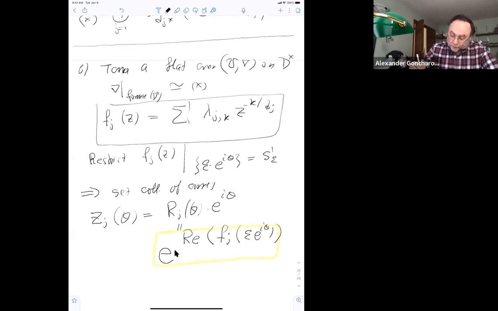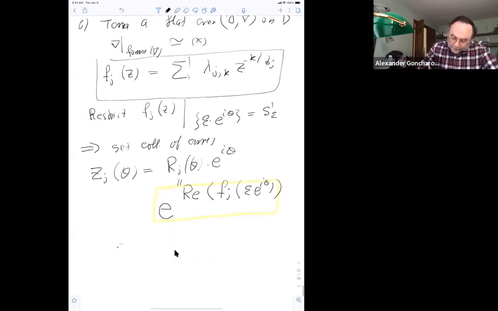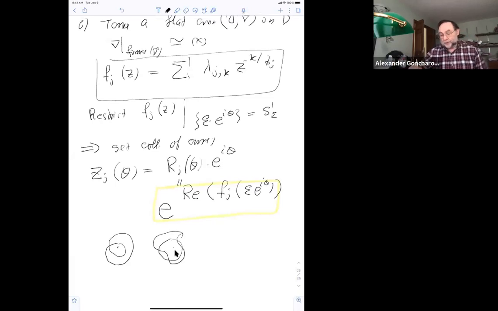And so when you draw this, you will get exactly the curves I was drawing around here. All these kinds of curves appear when you take some Puiseux polynomial and draw these curves for concrete epsilon.